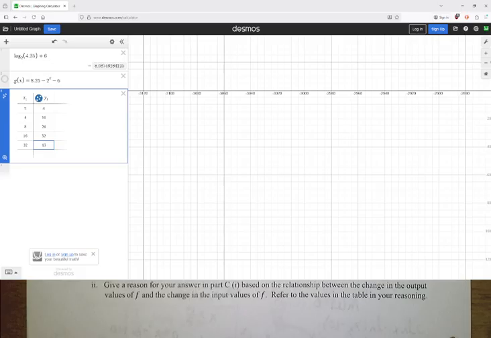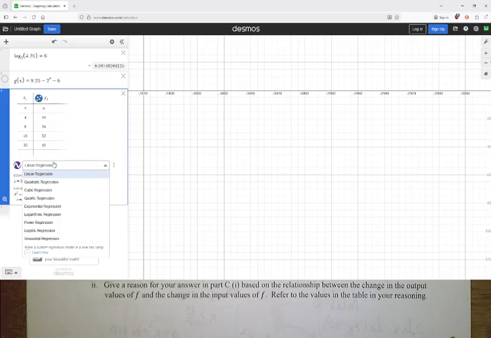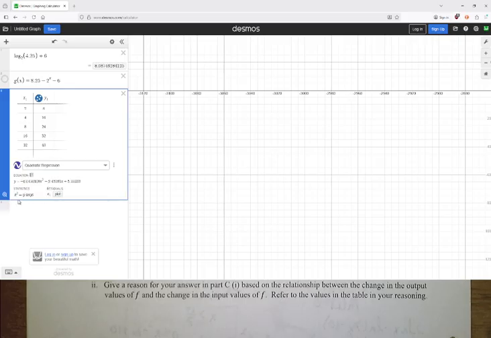32, and 40. And then to figure out what model is best, we are going to create a regression line. So let's try a linear regression line, and we can see that has an r squared value of 0.871, which is just terrible. So we're definitely not going to do linear. The next one is quadratic. That has 0.98, isn't terrible.